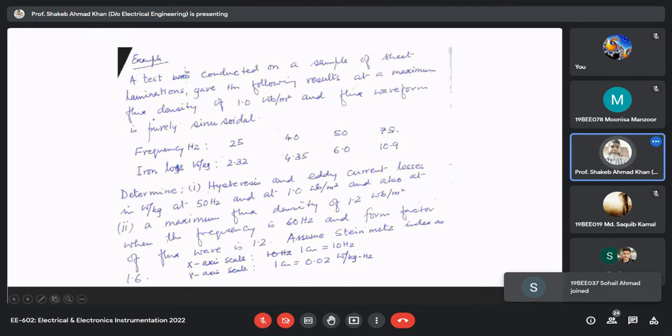I had given you the x and y axis scales. Will anyone tell me?